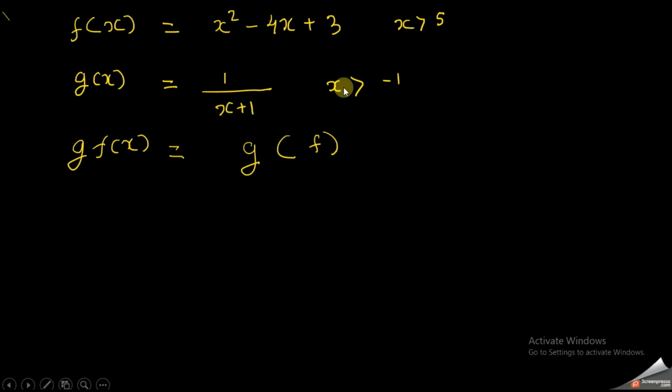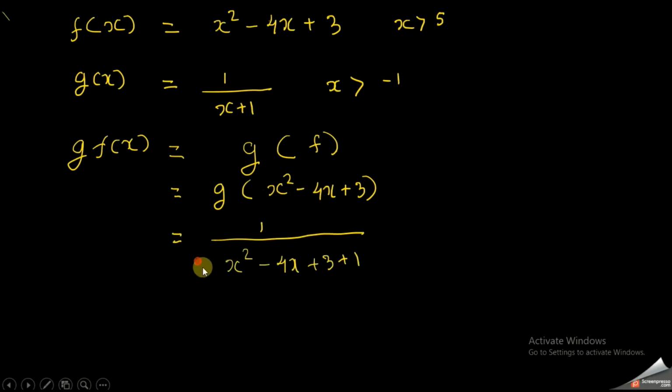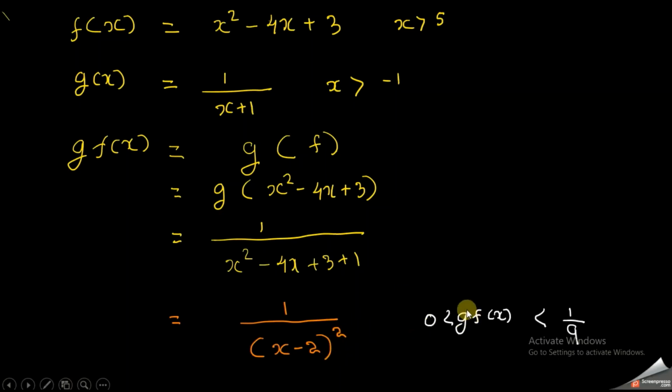You want g(f(x)). In the function g, you apply f, right, and then it is 1 over this. Okay, this is g(f(x)). g(f(x)) is in between 0 and 1 over 9.